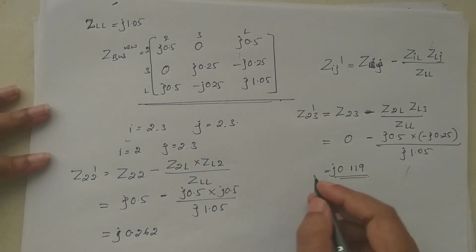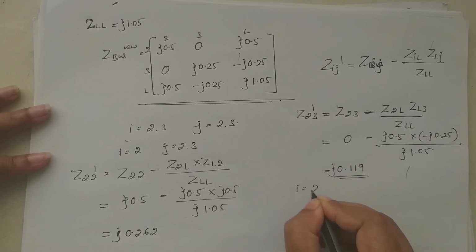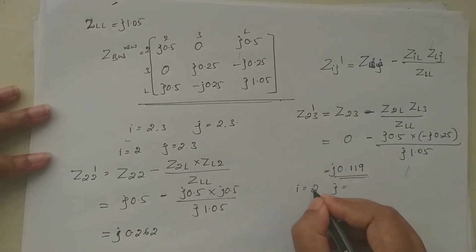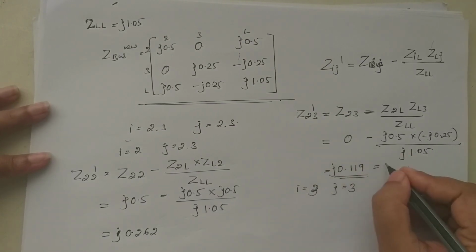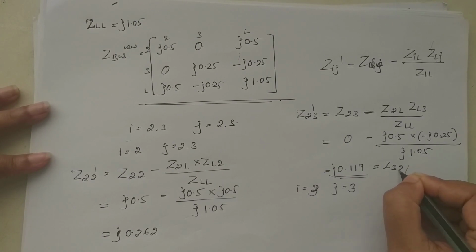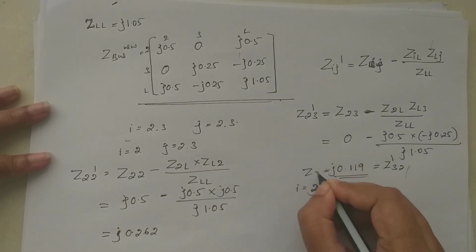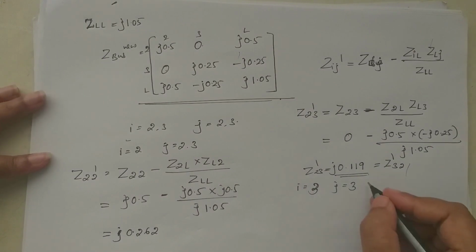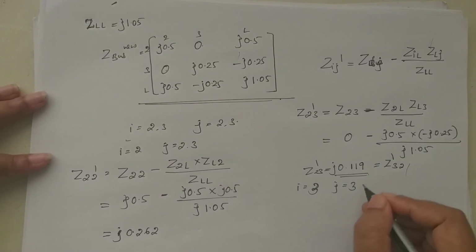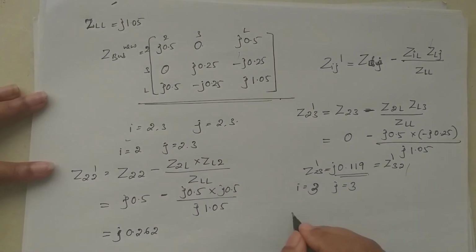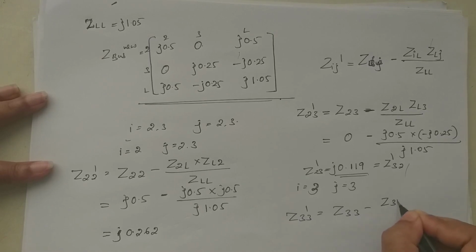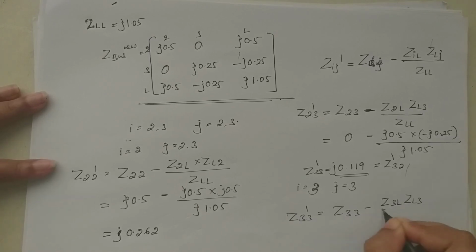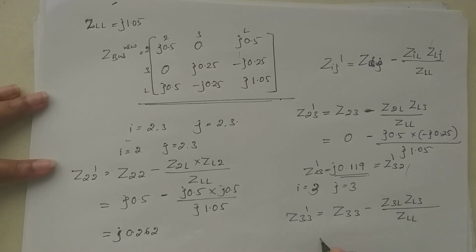j.119. Similarly, Z32 is equal to Z23 dash. By taking I equal to 3 and j equal to 3, we get Z33 dash, which is equal to Z33 minus Z3L into ZL3 divided by ZLL.